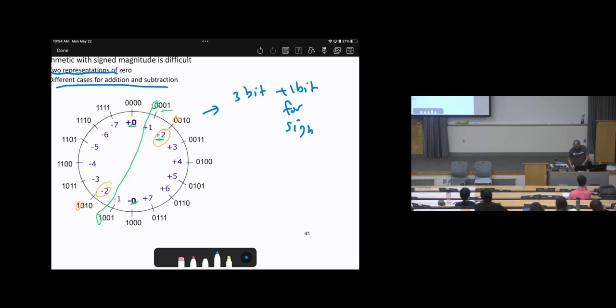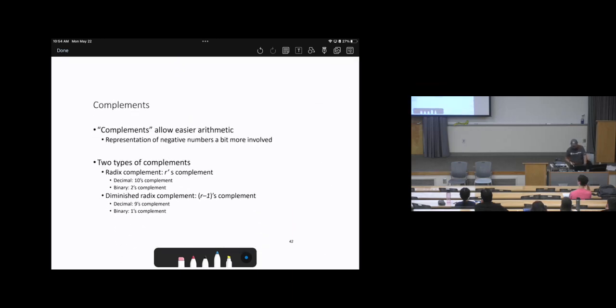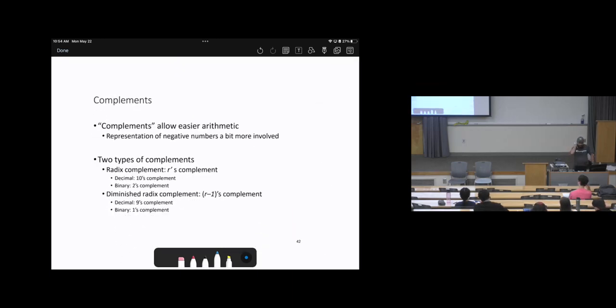Now, using the 3 bits magnitude, can we find any representation that makes life easier? Yes. There is something we call complements. Complements can make life easier. As we know, 1 plus 1 equals 2, and positive plus negative equals 0.